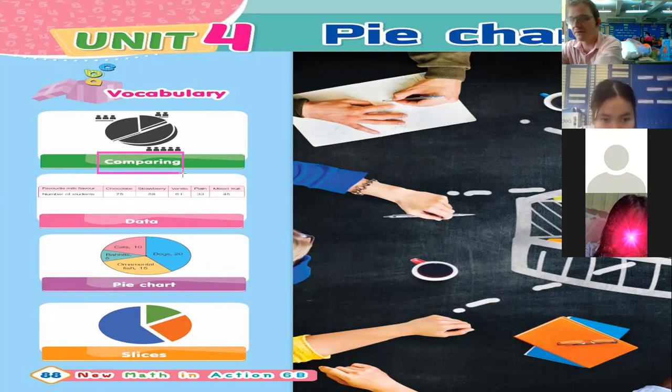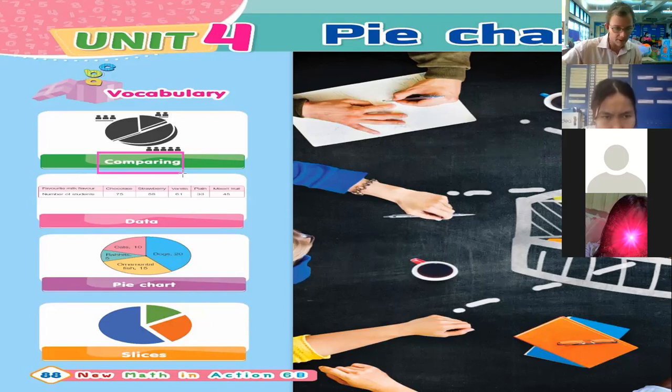For instance, I have these two glasses. One is a cup, one is a glass. We can compare them to see what the differences are. For instance, this one is see-through. We can see through this glass, and this one is not see-through. So we are comparing to find the differences.